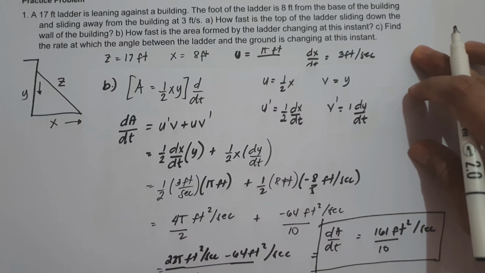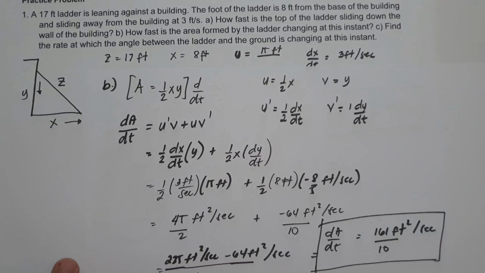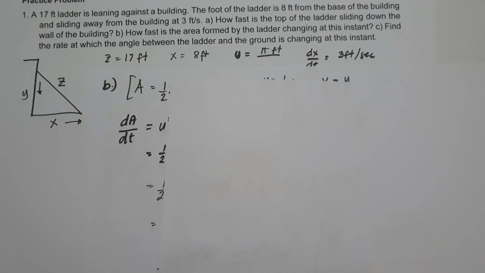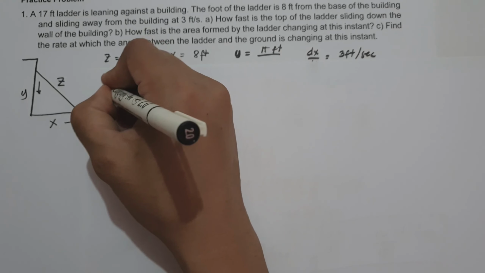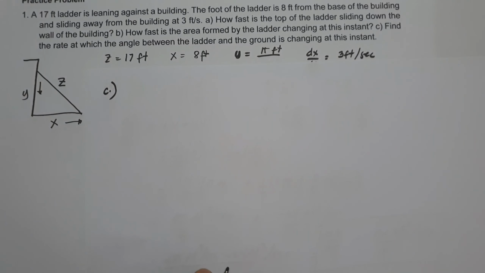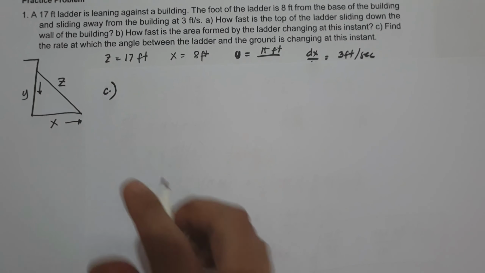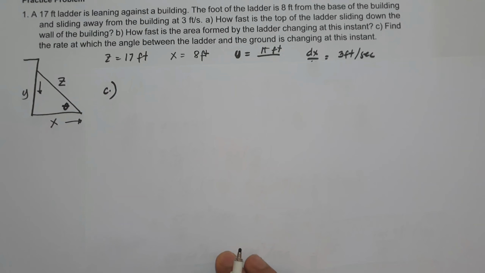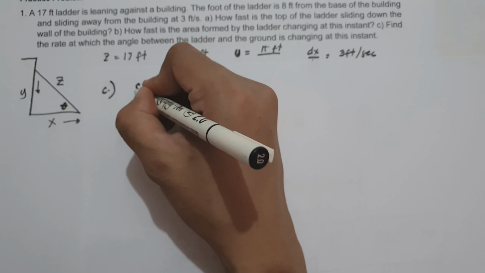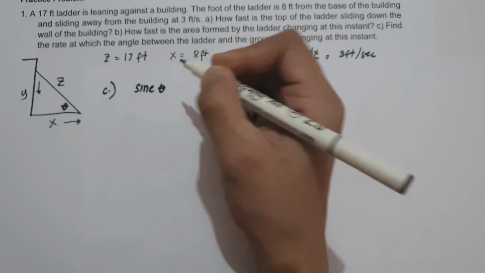On letter C, find the rate at which the angle between the ladder and the ground is changing at this instant. So let us have another sheet of paper to answer letter C. Let's write here. On letter C, the angle between the ladder and the ground will be here, that is theta, and we are going to use sine theta.